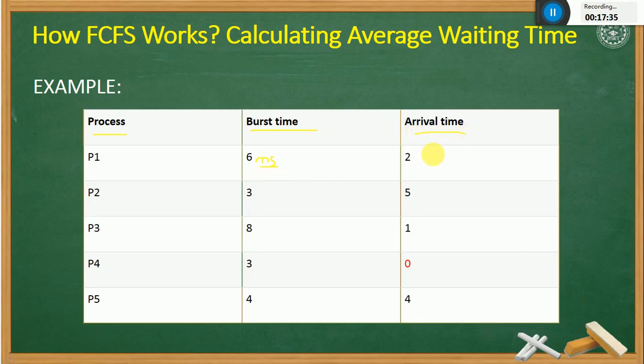I am taking milliseconds. Then arrival time is the point of time where your process enters the ready queue. For this purpose we have a three-column problem. So these are the processes, these are the process names.